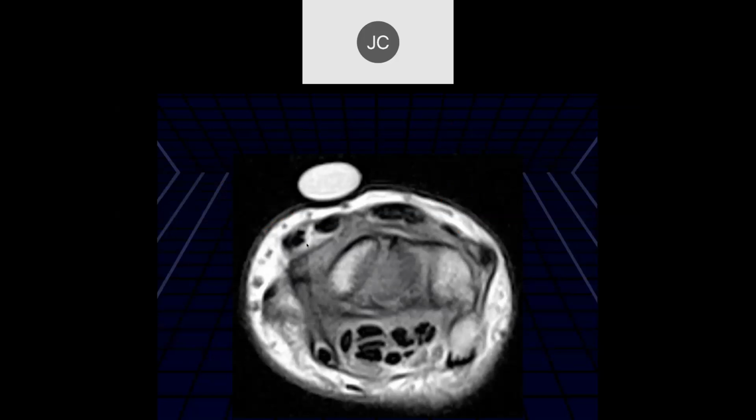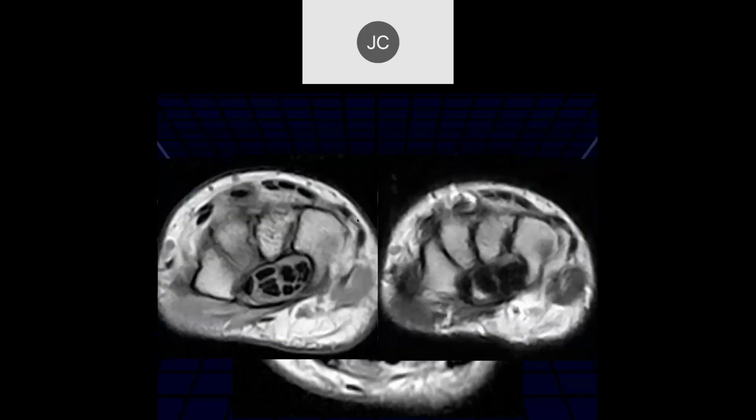If we go back here, this is actually part of the ECRB that comes over the second compartment, and we should see a tendon coming in here, going into the third compartment. We'll show this anatomy a little bit better. And this turned out to be a high-grade partial tear, I think from a penetrating injury, of the extensor pollicis longus tendon.